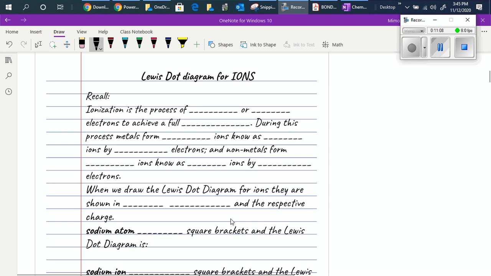Now let's take a look at how to draw the Lewis dot diagram for ions. Just to refresh your memory, ionization is the process where electrons are lost or gained to achieve a full valence shell or outer shell.